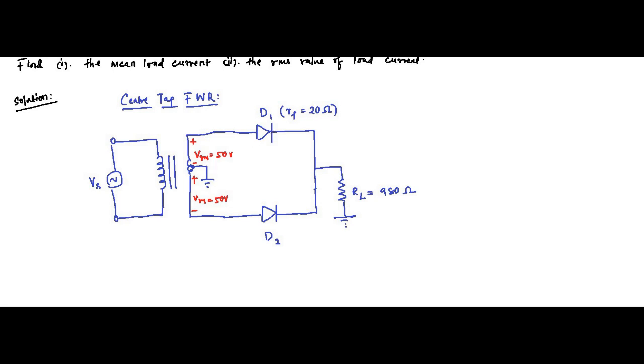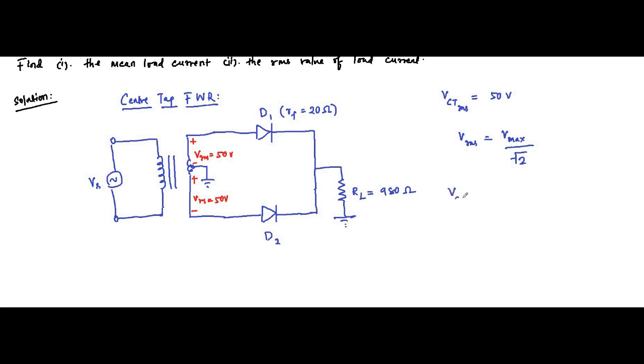Now here we have only this center tapped RMS voltage, which is 50 volt. This is the RMS value. For full wave rectifier, Vrms is equal to Vmax by root 2. We need to find the maximum value of the center tapped voltage.